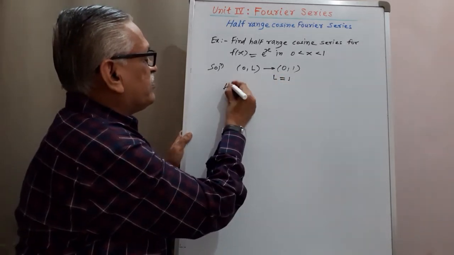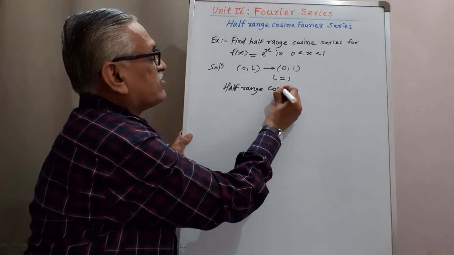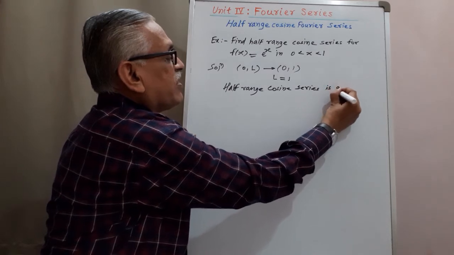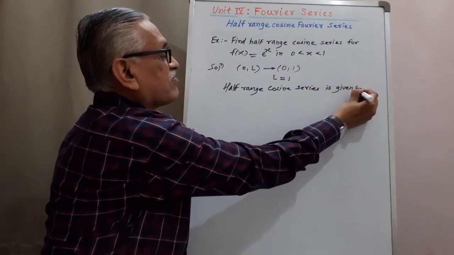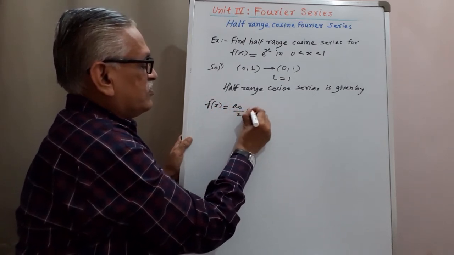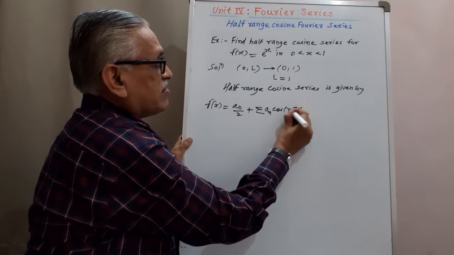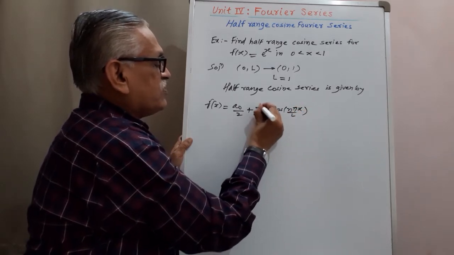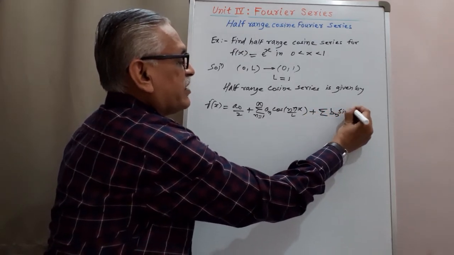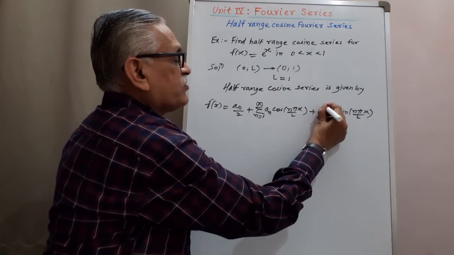And the half range cosine series is given by f of x is equal to a0 by 2 plus summation of an cos n pi x by L, n changes from 1 to infinity, plus summation of bn sin n pi x by L, n changes from 1 to infinity.